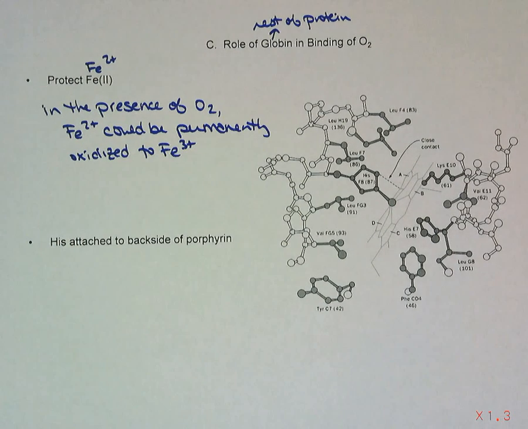So in the presence of oxygen, iron plus 2 could be permanently oxidized to iron plus 3. Not good. Iron plus 3 can't bind any more oxygen. So it would happen once, and then that heme group would be useless.